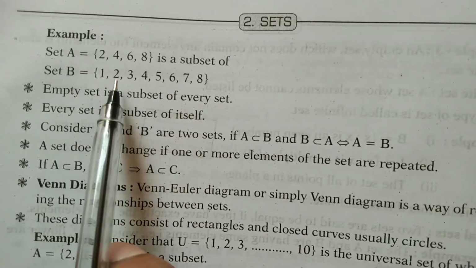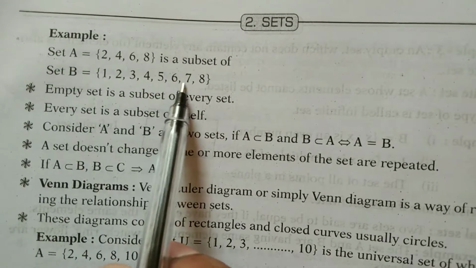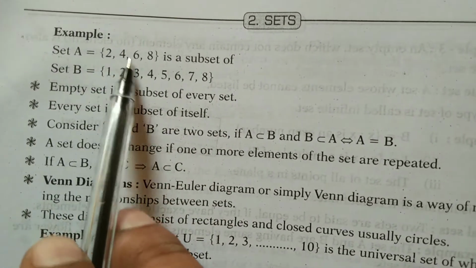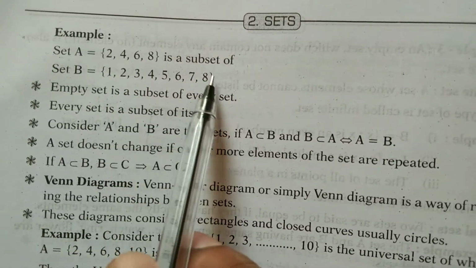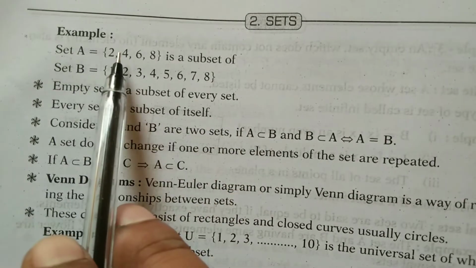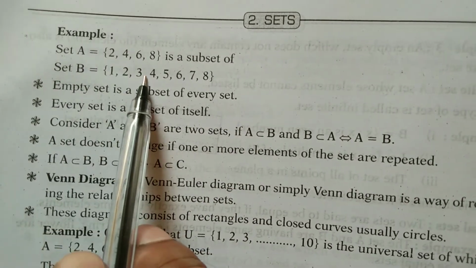Set B equal to 1, 2, 3, 4, 5, 6, 7, 8. As the elements of A, 2, 4, 6, 8 are also there in set B, we say that set A is a subset of set B.